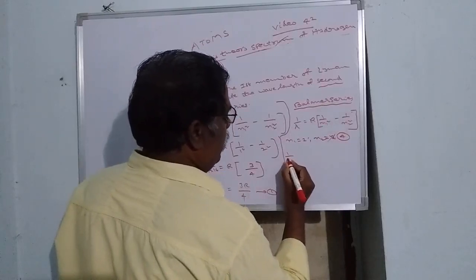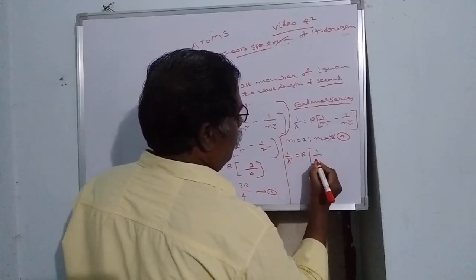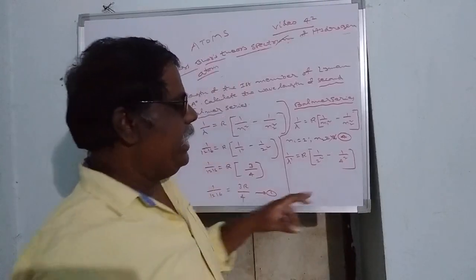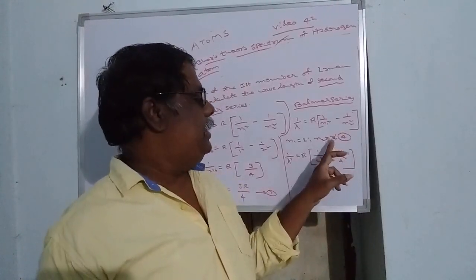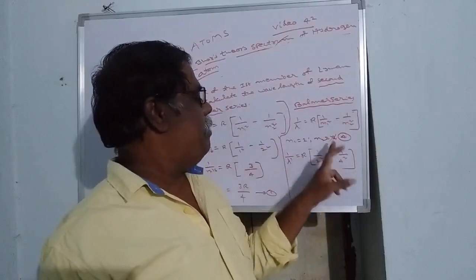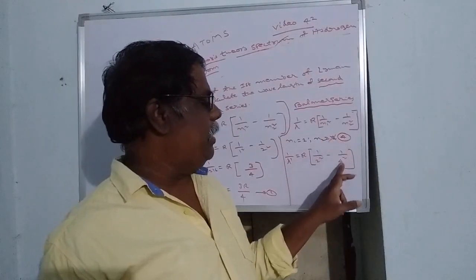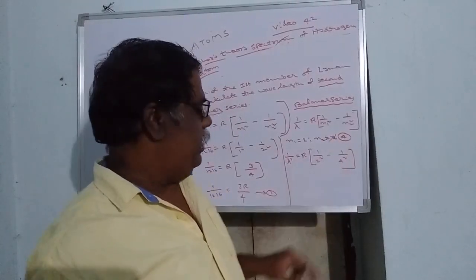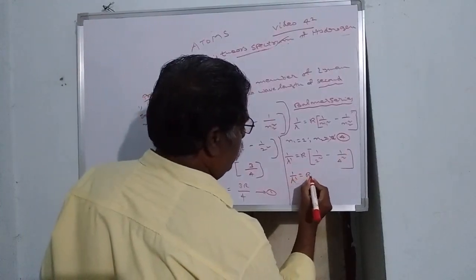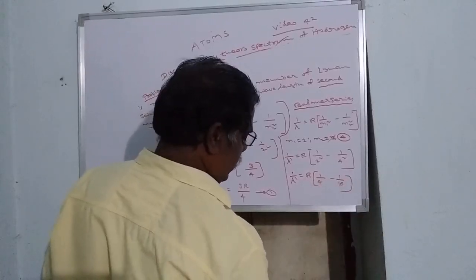Substitute the values: 1 by lambda dash, let us say lambda dash, is equal to R into 1 by 2 square minus 1 by 4 square. Why are we taking 4 here? Because the order will be 3, 4, 5. They ask about the second member, so neglect the third one because that is the first member. The second member we take as 4. Simplify this: 1 by lambda dash is equal to R into 1 by 4 minus 1 by 16.